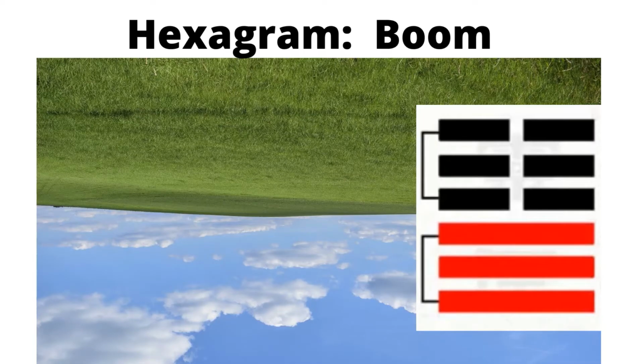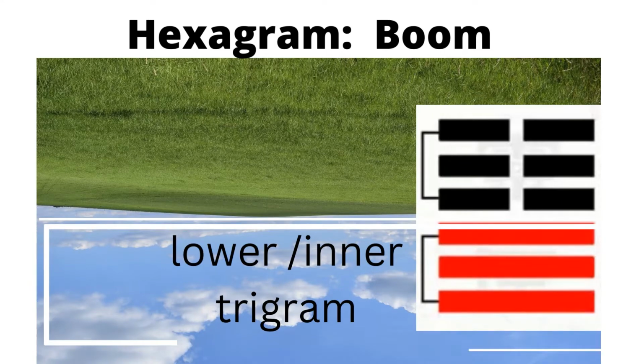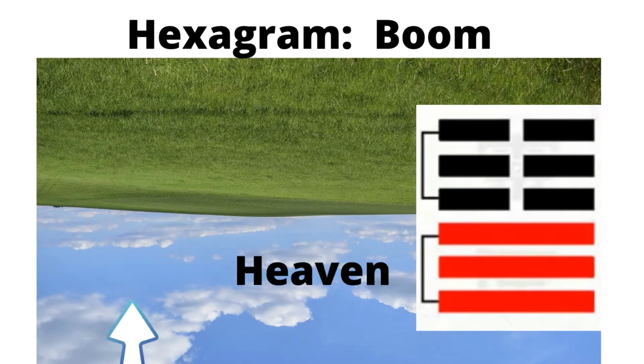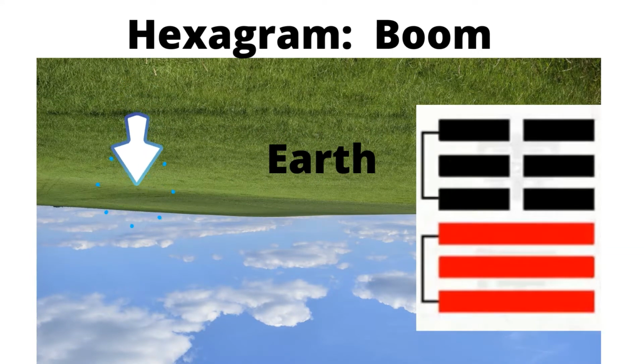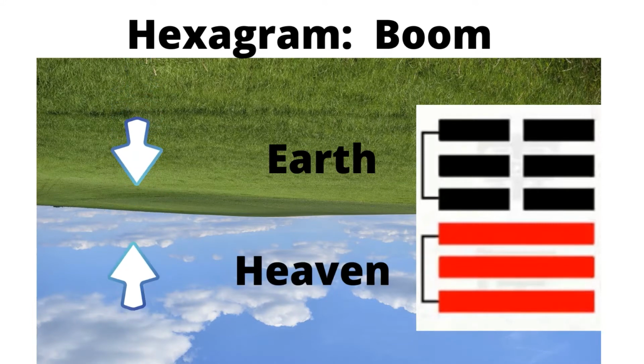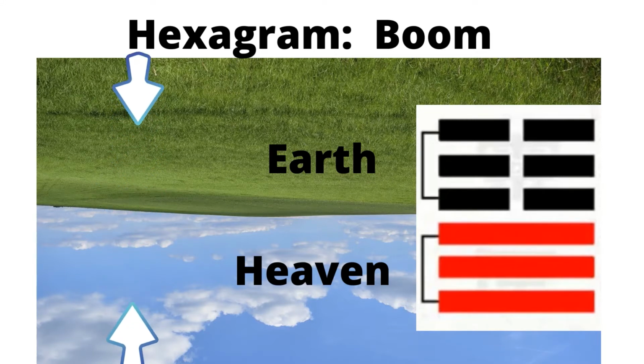Look at the hexagram boom. Its lower section, also known as the lower trigram or inner trigram, is heaven. All 3 yang yaos have their energy moving upward, while the upper section, also known as the upper trigram or outer trigram, is earth. Their energy movements are all moving downward. In this case, heaven and earth interact, which allows all living things to live and boom.